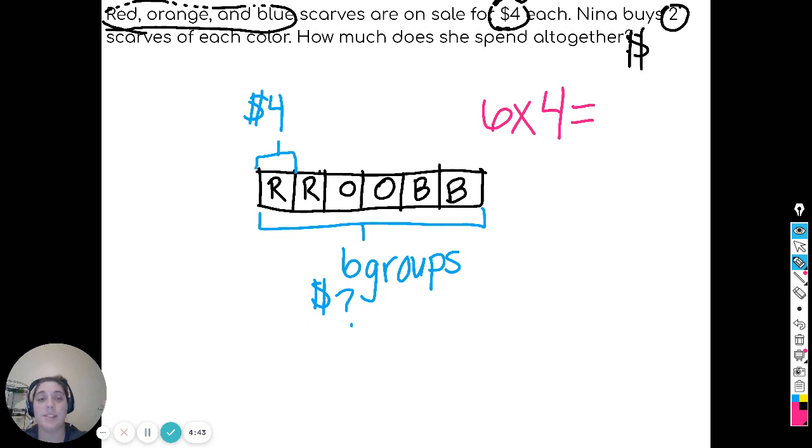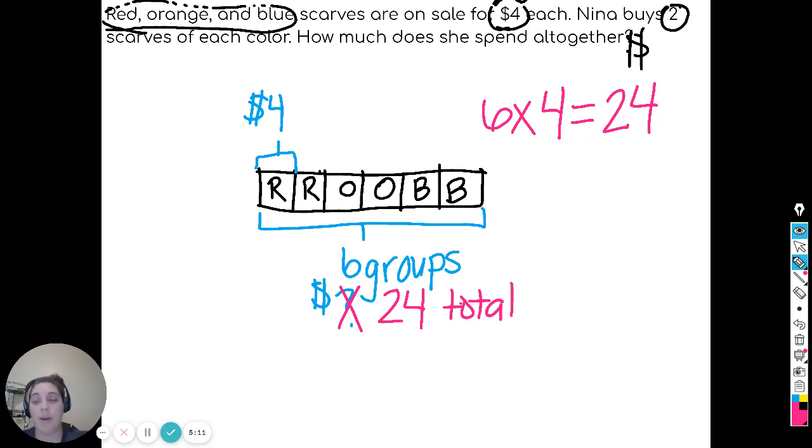So let's go ahead and skip count by 4s 6 times. 4, 8, 12, 16, 20, 24. 6 times 4 equals 24, which means that she spent $24 total.